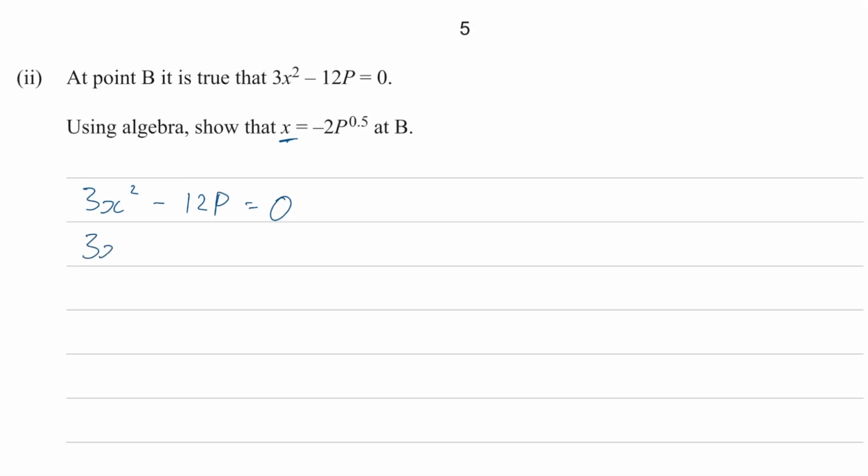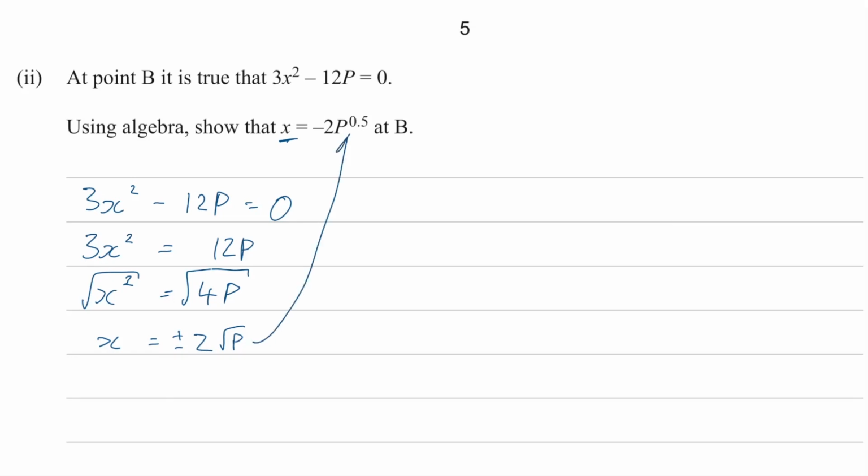So we can add 12p to both sides. We can divide both sides by 3. And finally, we can square root both sides. And so the square root of 4 is 2. The square root of p, we could write like that. And remember, when you square root something, we'd have a positive or negative solution.